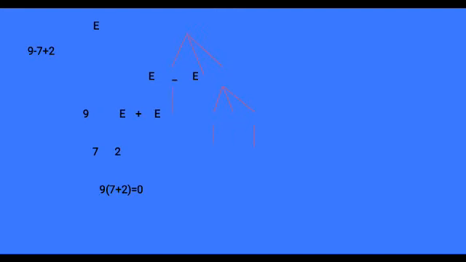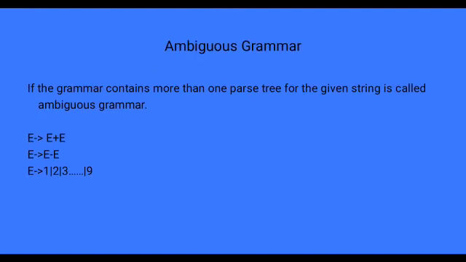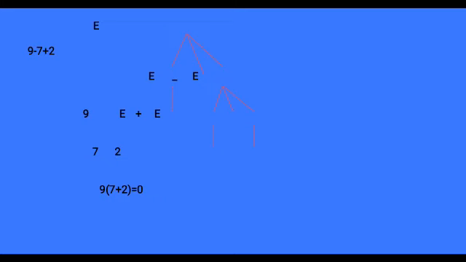And in the same way you solve by taking the second expression E tends to E minus E. Take E as the root node and the E root node has 3 connections.